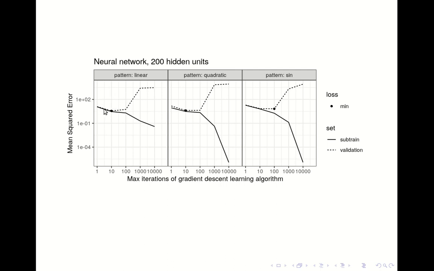So when the validation error starts going up, that's when you start to overfit, and that's not good. It means you're not going to do well when you try to generalize that model to new unseen data points. And so you need to stop or choose the parameter which is just before you start to overfit. That's what we're highlighting here with the black dot.